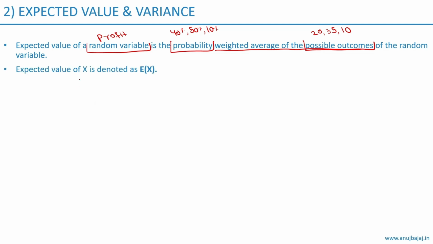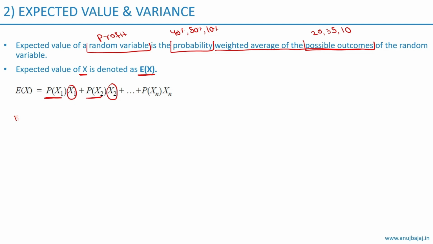So the expected value of any random variable x is denoted by E[x], and the formula is the probability of outcome x1 occurring multiplied by the outcome x1. Similarly, probability of outcome x2 occurring multiplied by the outcome x2.